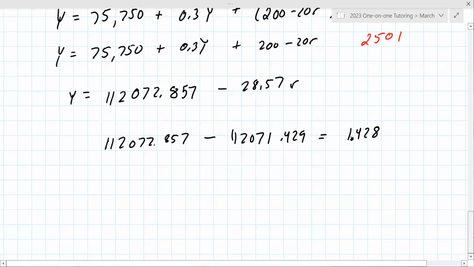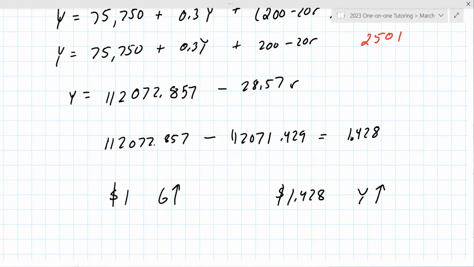So the idea is that a $1 increase in G causes a $1.428 increase in Y. Okay, yeah, that makes sense.